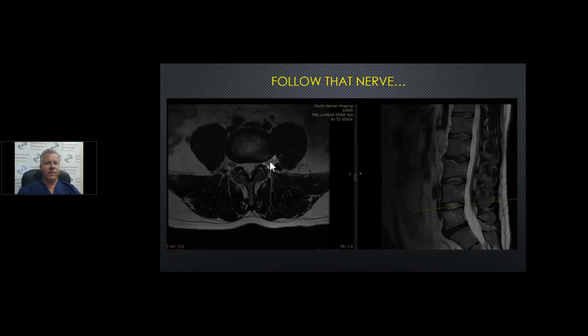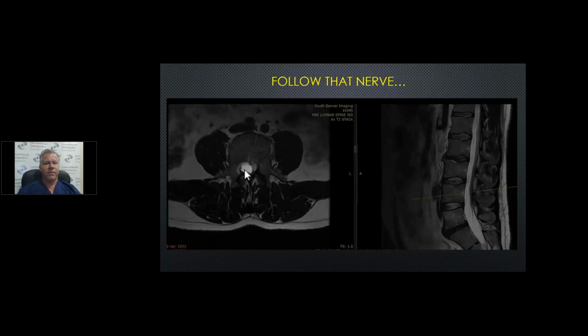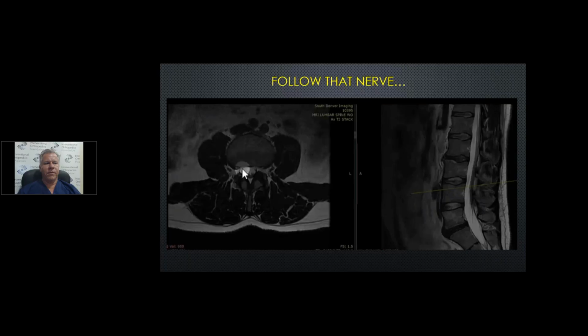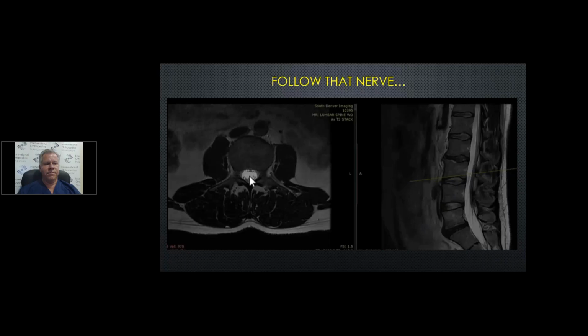So we're at the L4-5 space now. L4 nerve, L4 nerve, and that's going to join in. Then eventually we're going to pick up the L3 nerve at L3-4, L3 nerve joining in, and eventually it joins into the dural sac here. So you get the idea.